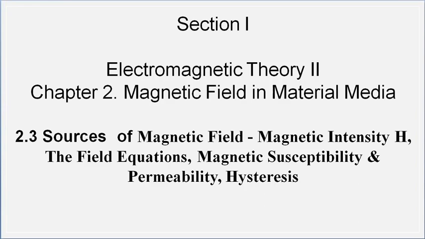Then the field produced due to that magnetization again depends on the material. If you consider any magnetic material in the external field, it gets magnetized. It gets magnetized means it produces a resultant magnetic moment. So because of that magnetization, it will produce the magnetic field.